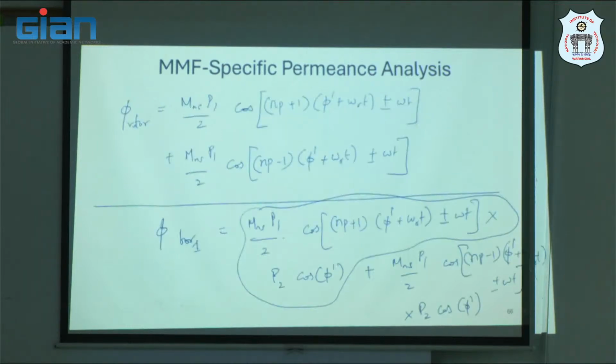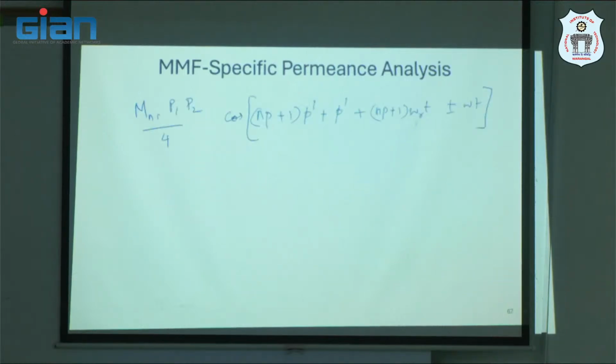So I hope you are able to get this. So (NP plus 1) phi dash plus phi dash. Do you agree? So multiplying this term, (NP plus 1) phi dash plus phi dash, (NP plus 1) into omega plus or minus omega t.